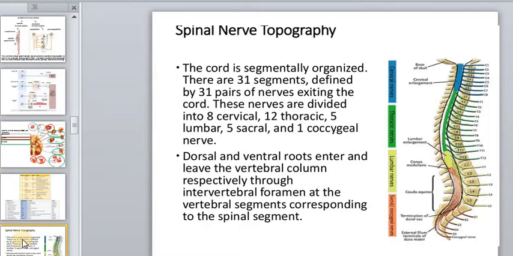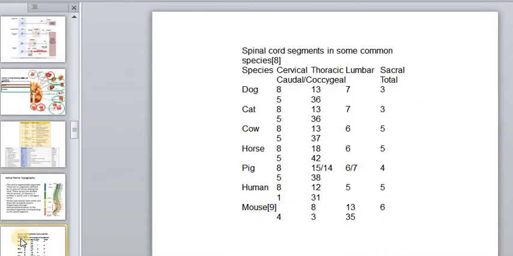There are a lot of segments. You see the cervical part, lumbar part, conus, and for animals we have different numbers of these segments.